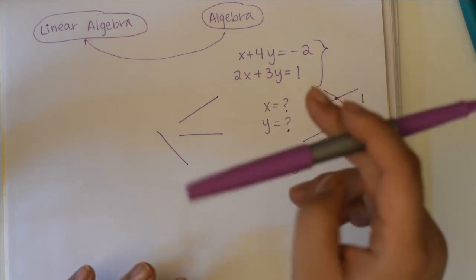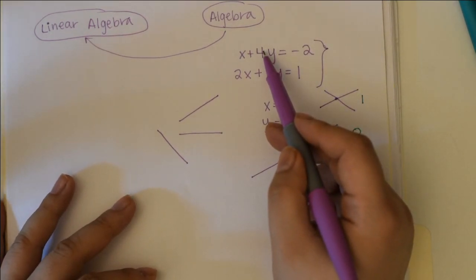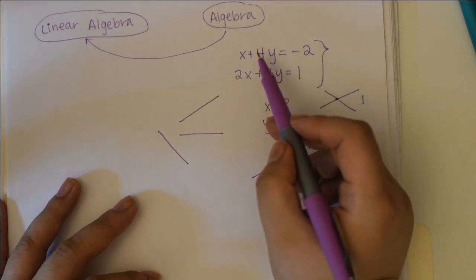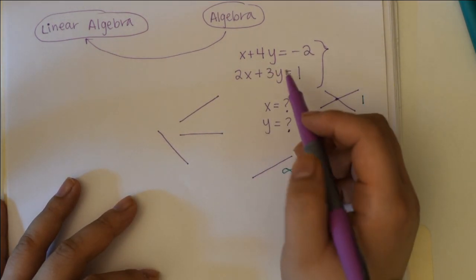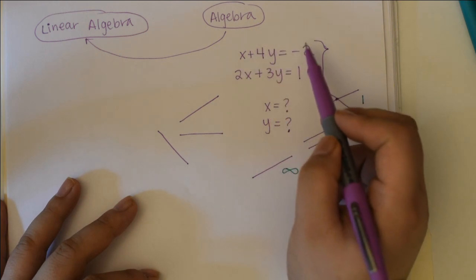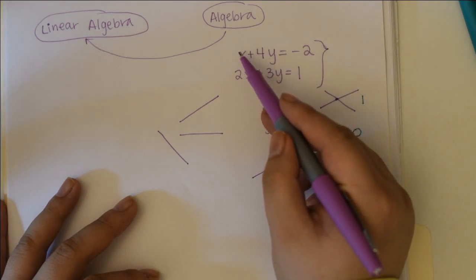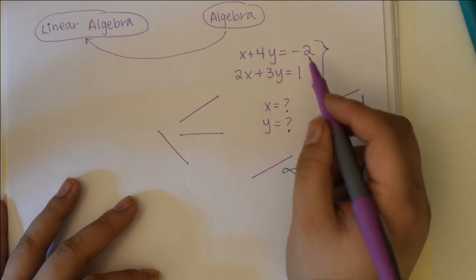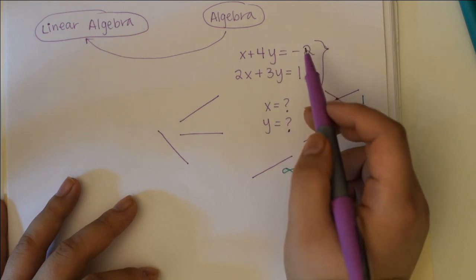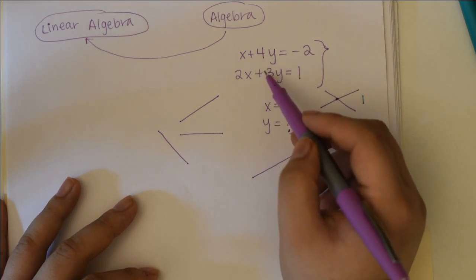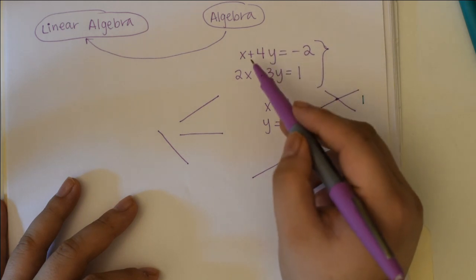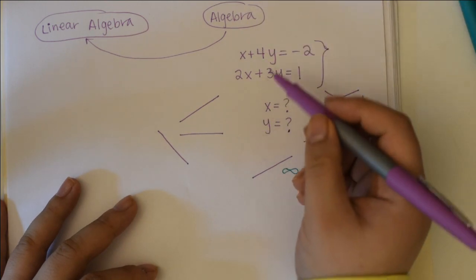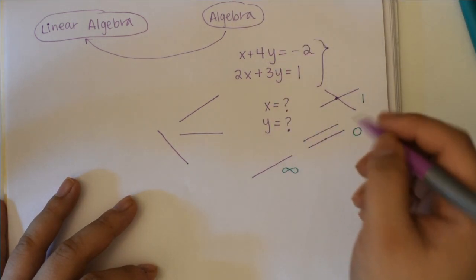But in algebra, we develop ways to solve this by hand. We can use substitution, where we solve for one variable in terms of another variable, substitute that expression in, solve for one variable, and plug that value back in to get the other variable. Or you can do elimination, where we multiply something on both sides, and if we're clever about how we choose them and add them together, we can eliminate one variable.